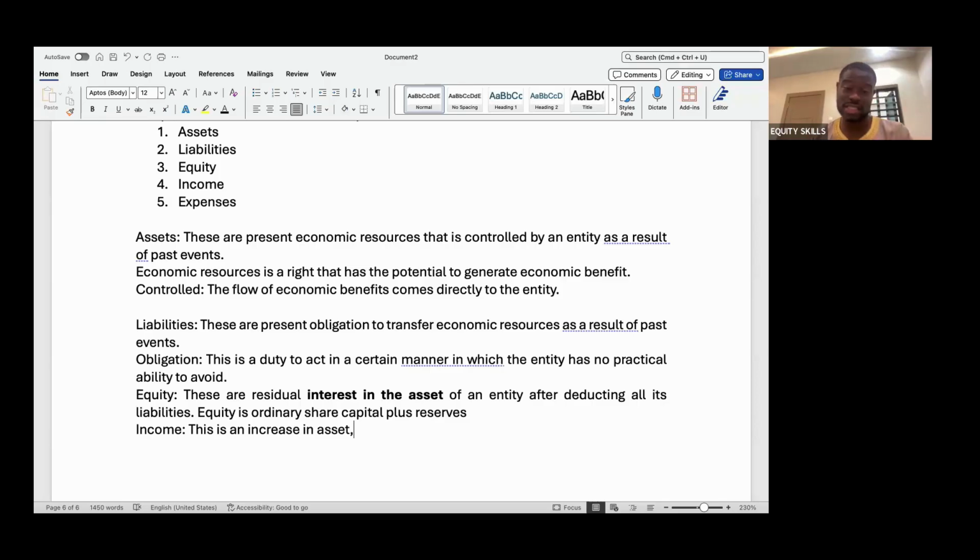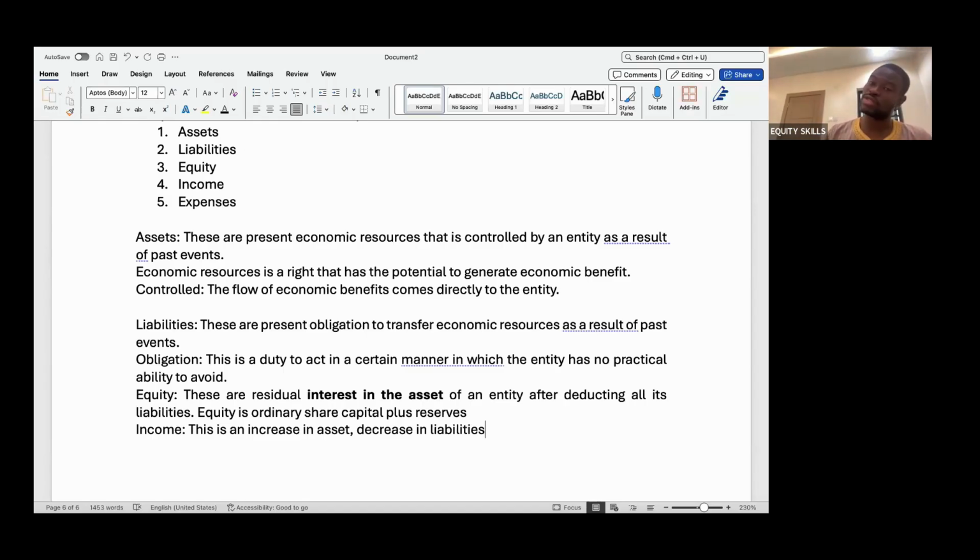That is a new asset. So, aside from buying a new asset, if the value of your asset increases, that is income. Whether there was a revaluation, or whether you make more money, it is income. Increase in assets is income. Income is also a decrease in liabilities. Not when you settle your liability.